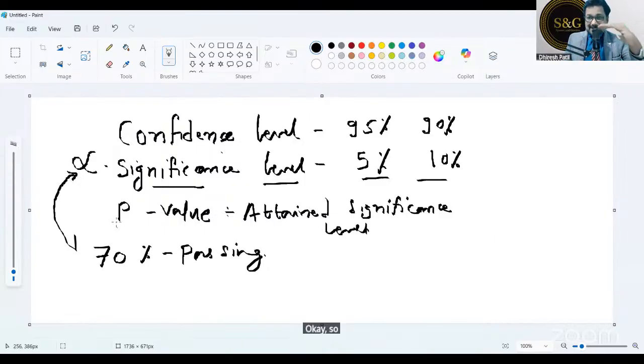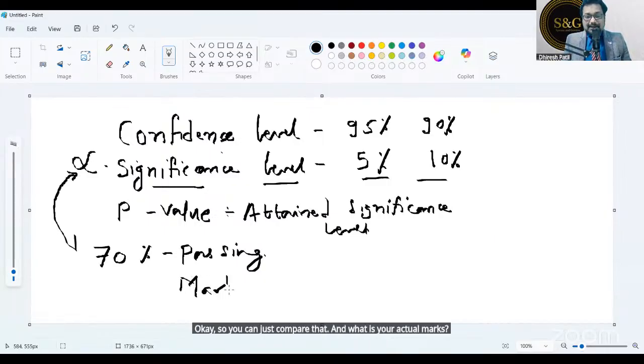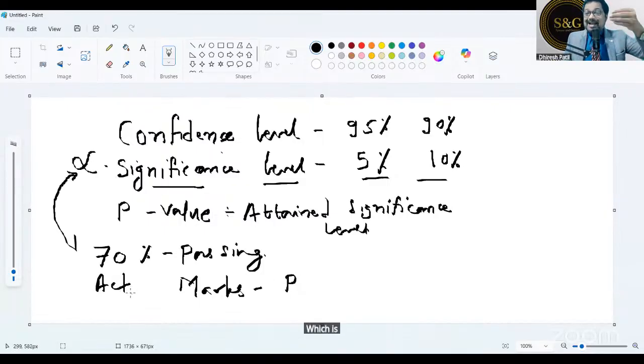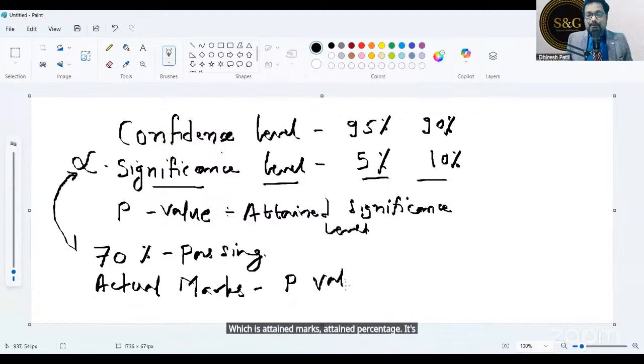You can compare that. And what is your actual marks? Your actual marks is your p-value, which is the attained marks, the attained percentage.